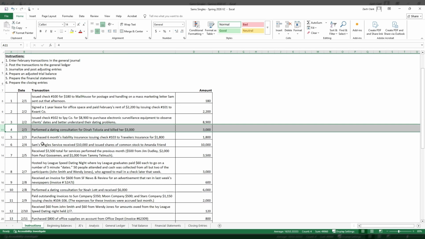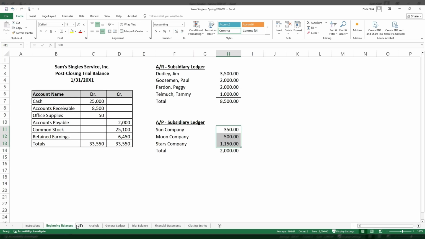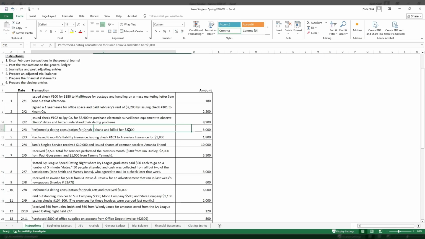Here on February 3rd, we performed a consultation and billed the customer $3,000. So we're going to go here. Let me slow down a little bit. Let's look at this transaction. The fact that we billed this customer, or we sent them an invoice, indicates that we have not received cash yet for this service that we provided.